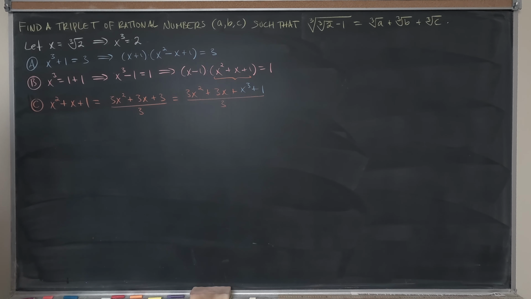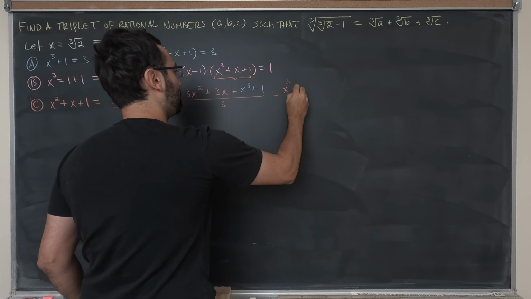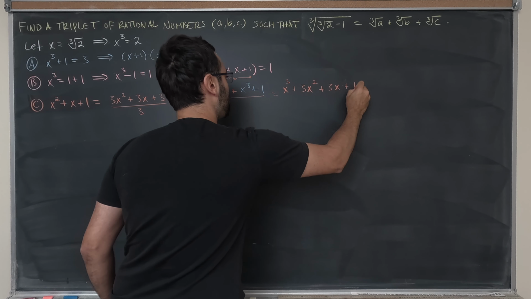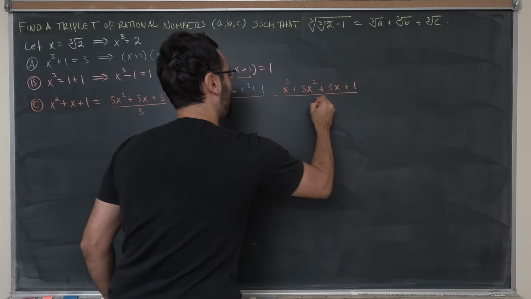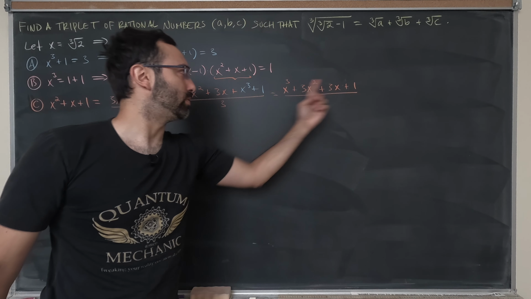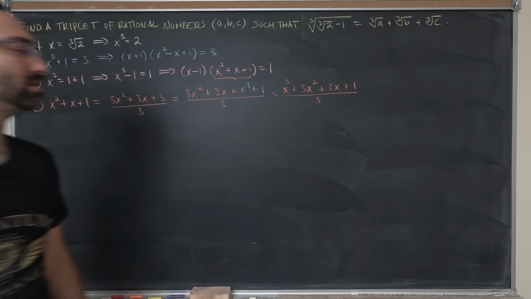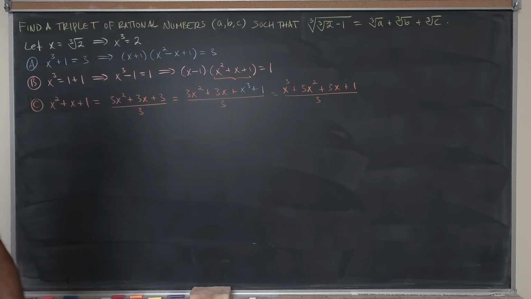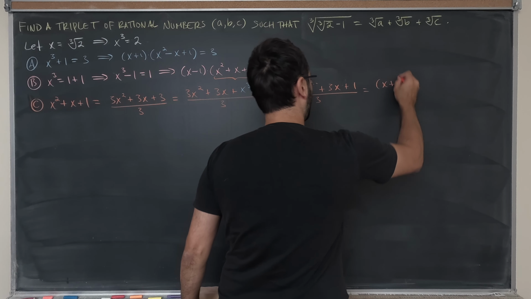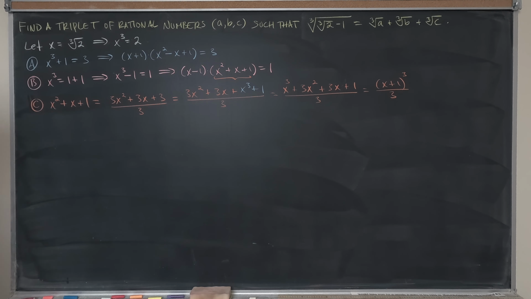But if we shuffle some things around there in the numerator, we can write x cubed plus 3x squared plus 3x plus 1 all divided by 3. But this reminds us of Pascal's triangle, the coefficients 1, 3, 3, 1 with decreasing powers of x. So that just factors as x plus 1 all cubed. Okay, great. So we'll put that on hold right now.